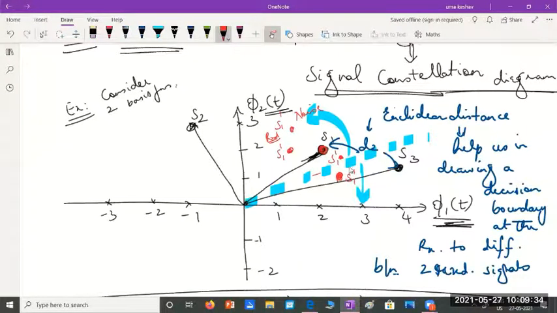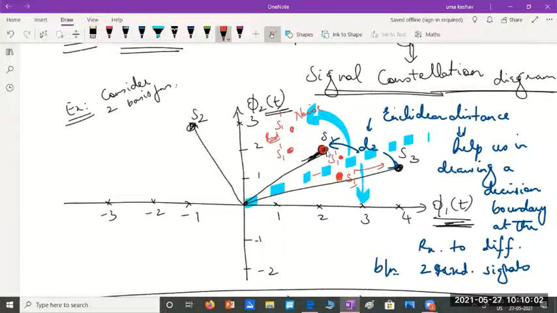The receiver will decode this S1 dash as S3. It considers all the signal points which are coming below this decision boundary to be S3, and because of noise effect, if S1 has been received as S1 dash and it has fallen below the decision boundary, the receiver will decode this S1 dash as S3 rather than S1.